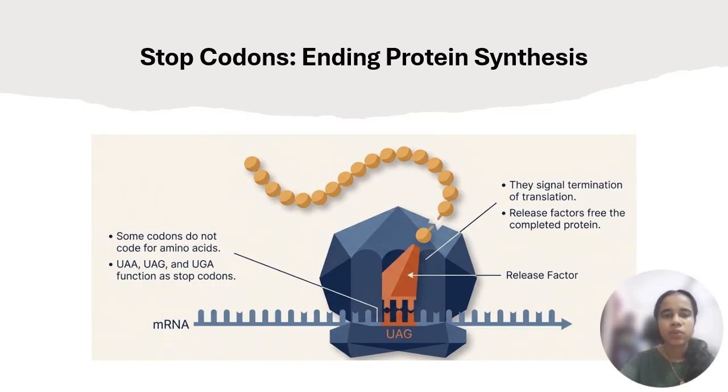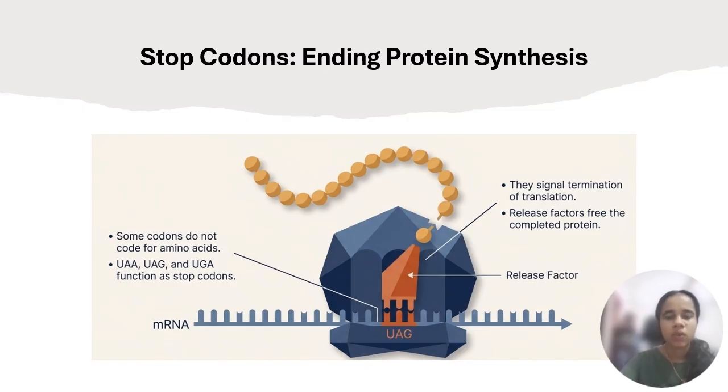When the ribosome reaches one of these codons, it signals the end of translation. At this point, special proteins called release factors bind to the ribosome and release the completed protein chain from the ribosome. This ensures that the proteins that are made have the correct length and structure.